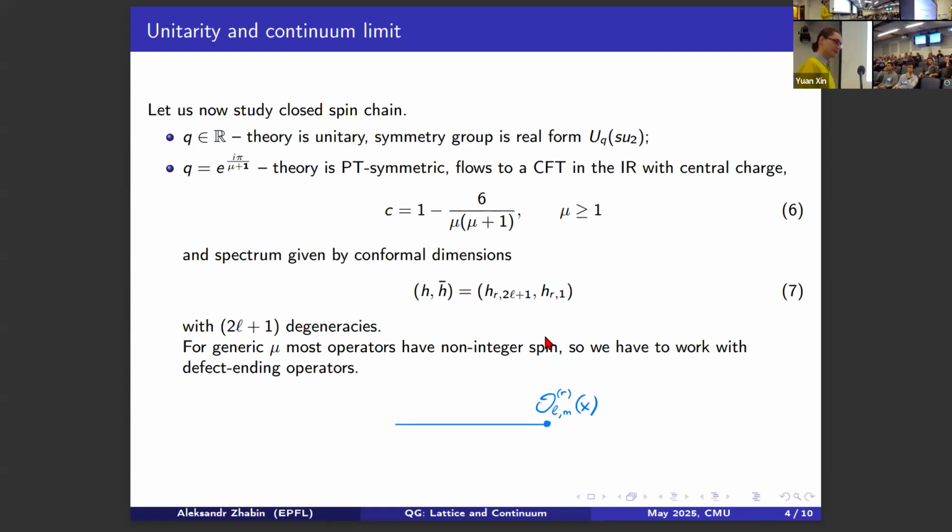So, for example, there is a generalized minimal model, which is an analytic continuation. But this generalized minimal model doesn't have these 2j plus 1 degeneracies. So we even extend it and we add these degeneracies. But it's a non-unitary model.